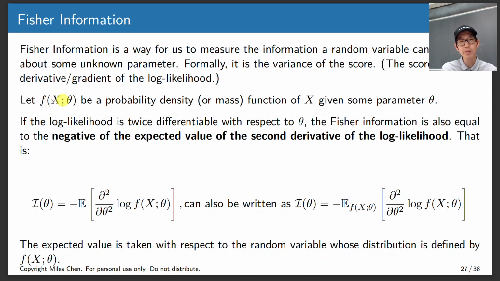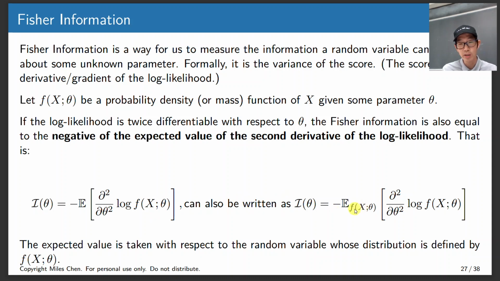So we'll say we have some kind of function f given some parameter theta. The Fisher information, which we indicate with this fancy I, is you take the second derivative with respect to theta of the log likelihood, and once you have whatever this is, you take the negative expected value of that.